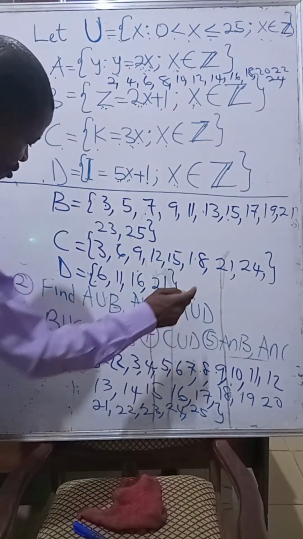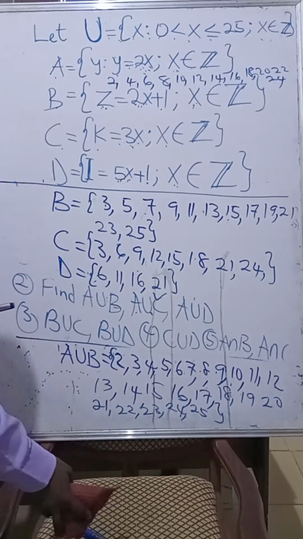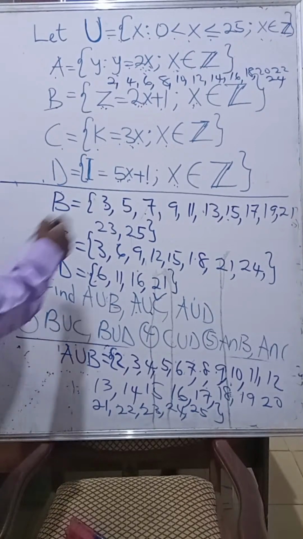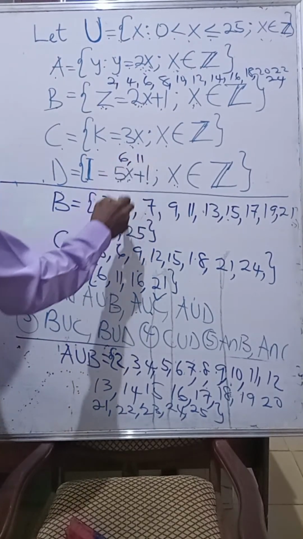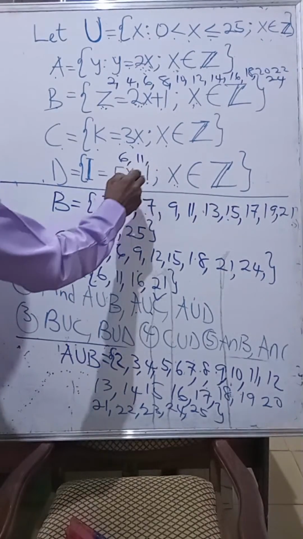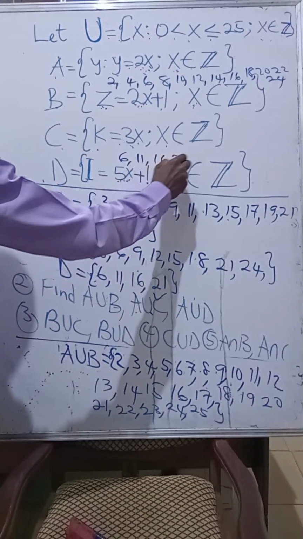Let's do A union D. We have D as 6, 11, 16, 21.